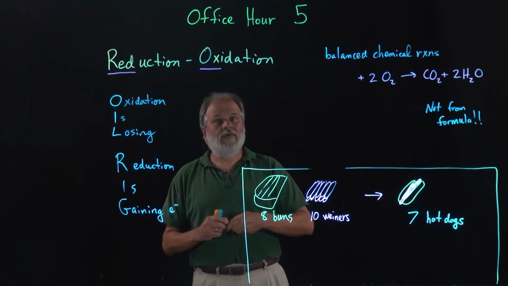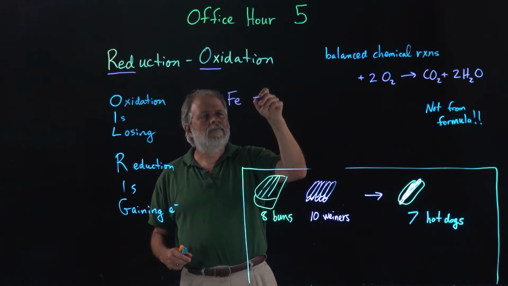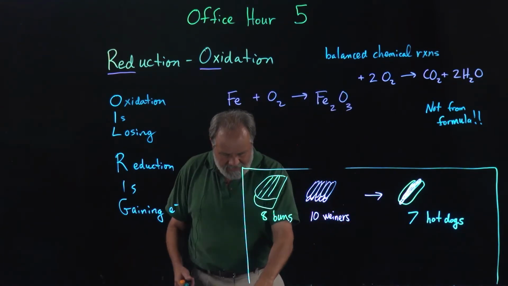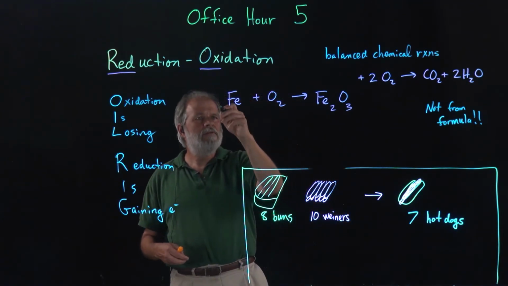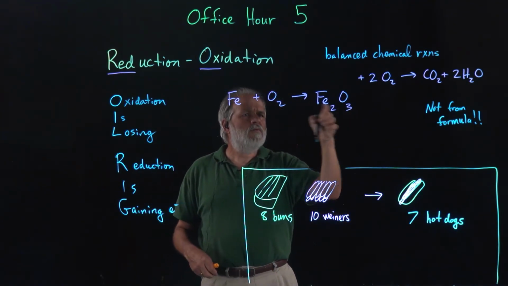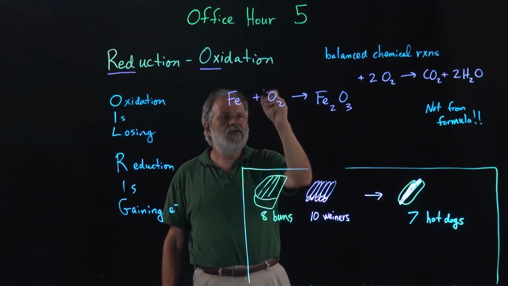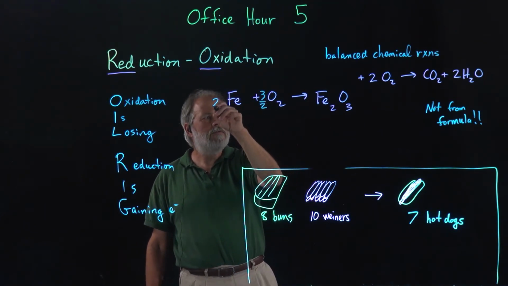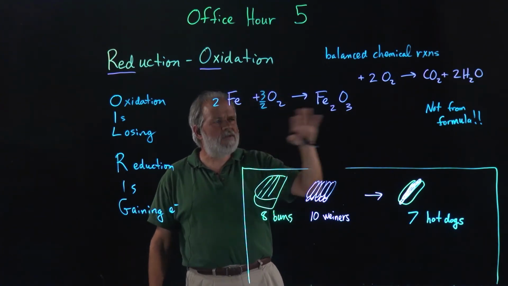So as an example, take combination reactions. First of all, we've got to balance this thing. This is iron 3 oxide. That's 3 oxygens and 2 oxygens. So this could be 3 halves and 2. But the easiest way to balance is to multiply everything by 2.